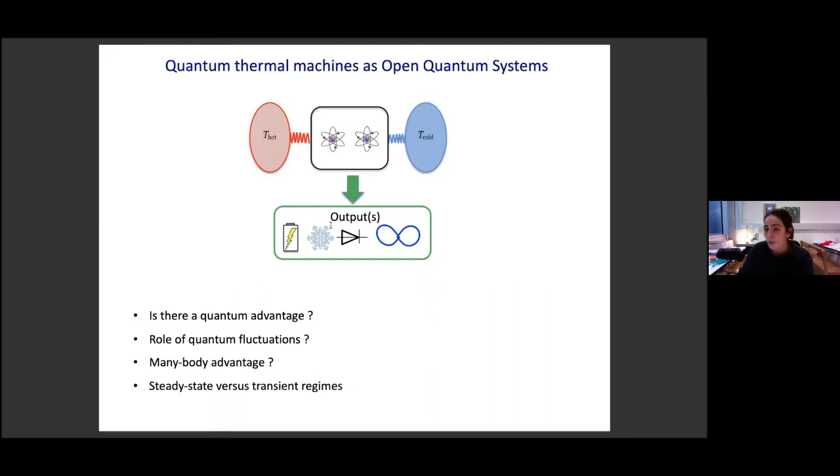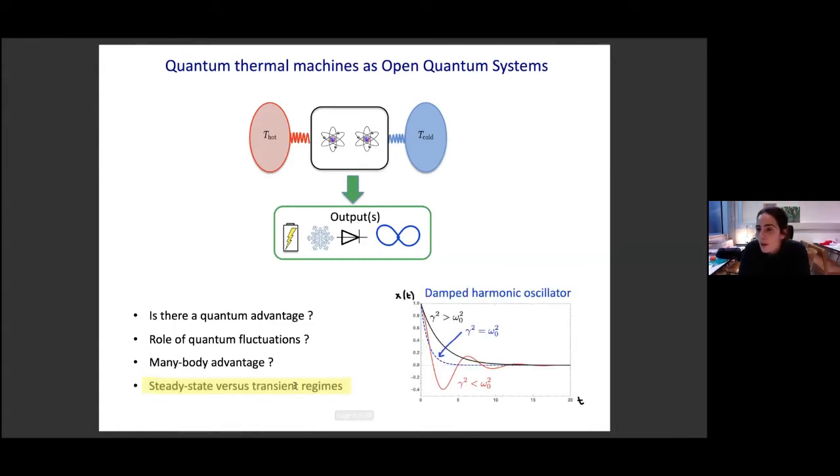One can also look at whether it could be more advantageous to operate these out of equilibrium devices in the steady state regime or in the transient, so really looking at the time-dependent dynamics. In this talk, as you probably already understood, I will focus on the last question and show you that in the transient dynamics there are some very interesting features.